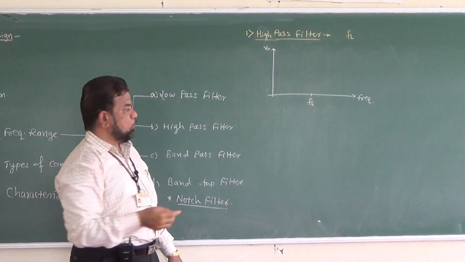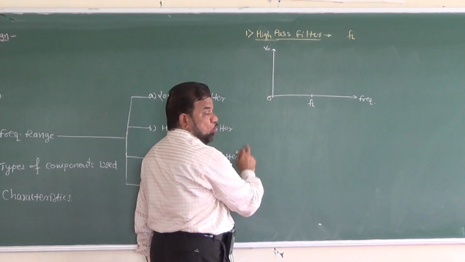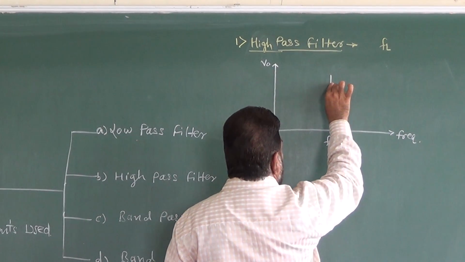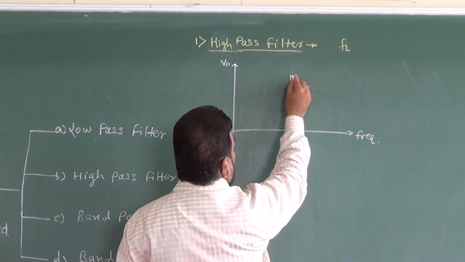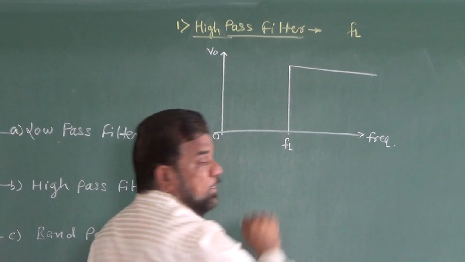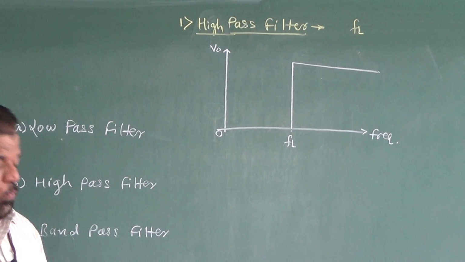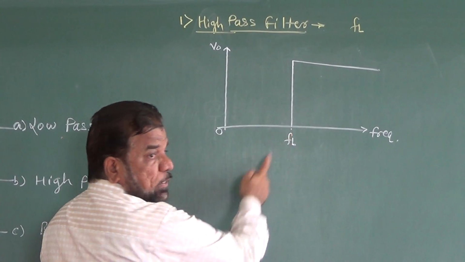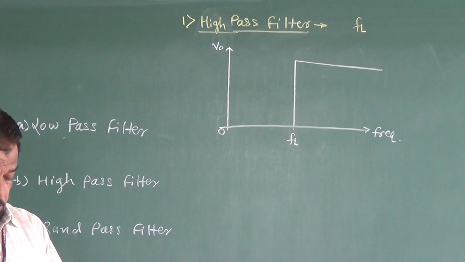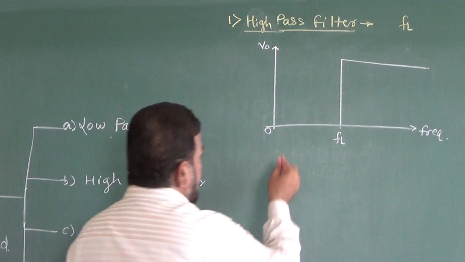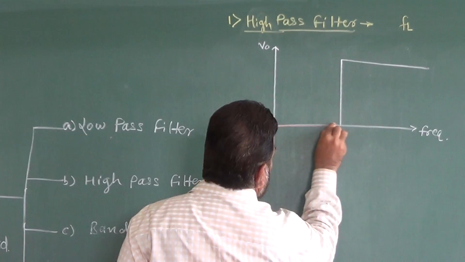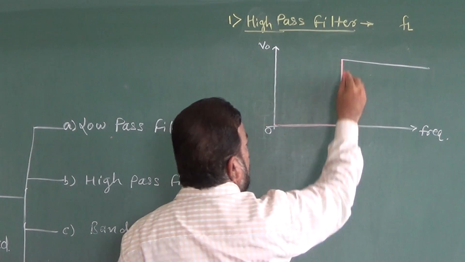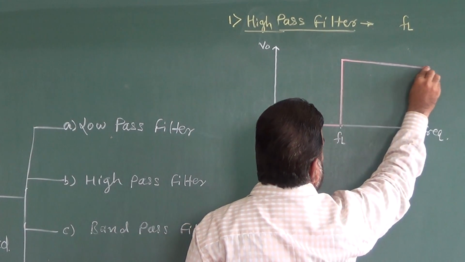A lower cutoff frequency. So this is 0 Hertz. This high pass filter will transmit frequencies from FL. That means from FL there is a transmission, whereas from 0 to FL there is no output, there is no transmission. So corresponding to this one, your output is 0, whereas corresponding to this range, you have the transmission.